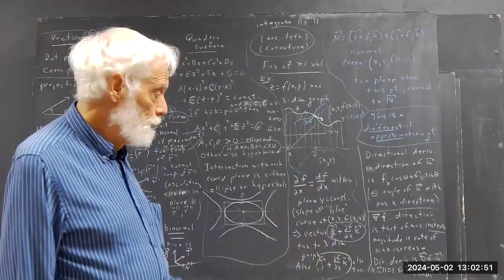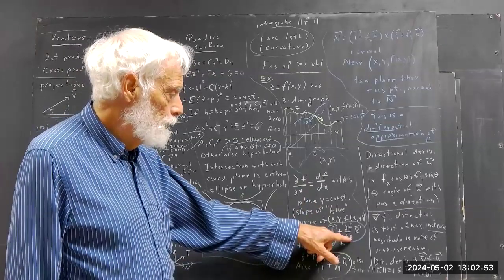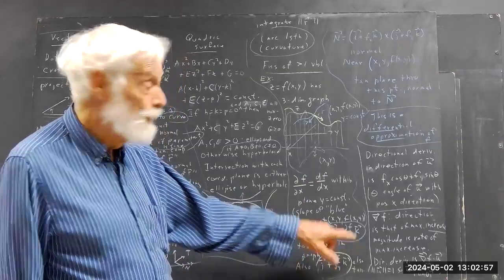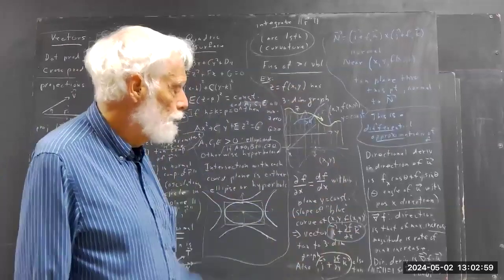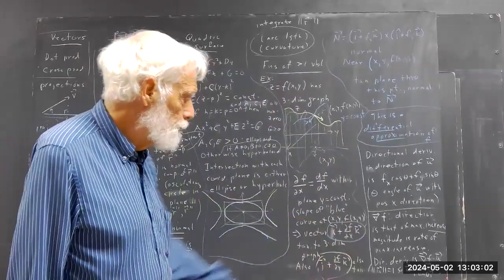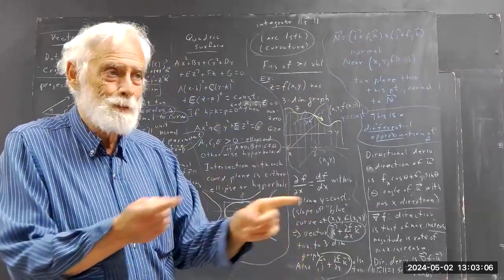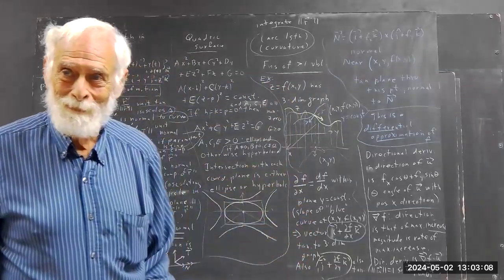The rise divided by the run is therefore the partial derivative with respect to x divided by 1, which is just the partial with respect to x. So this vector has a slope equal to the partial with respect to x, and this vector has a slope equal to the partial with respect to y. So their cross product is a normal vector.